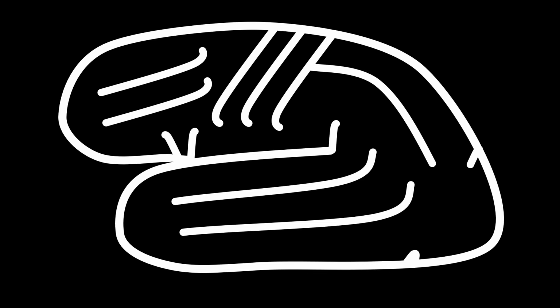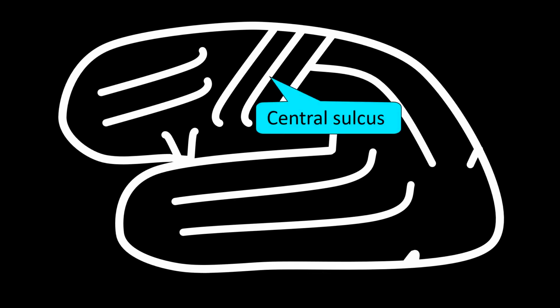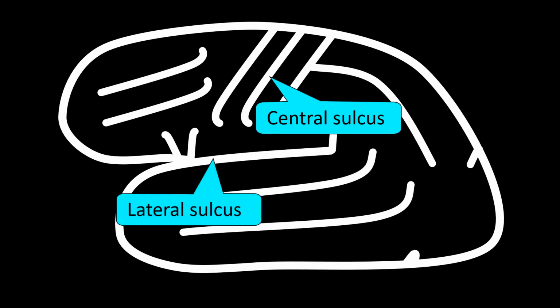So go to the just completed figure and find the central sulcus and the lateral sulcus. Draw a line from the bottom of the central sulcus to the closest point of the lateral sulcus.